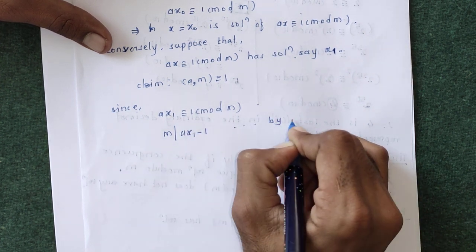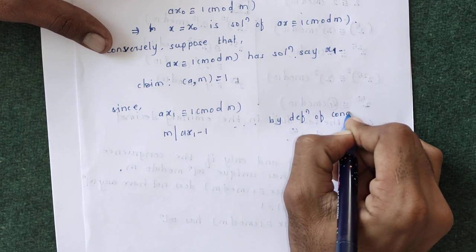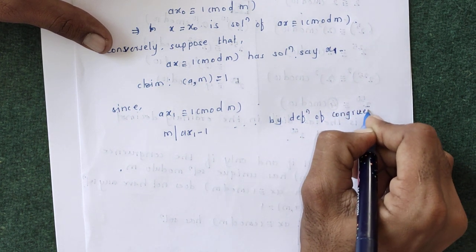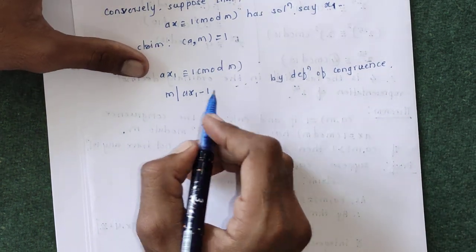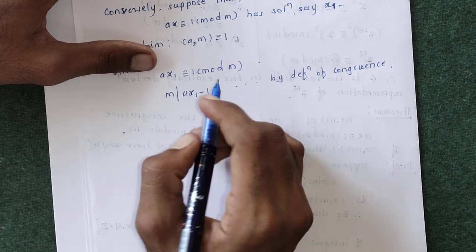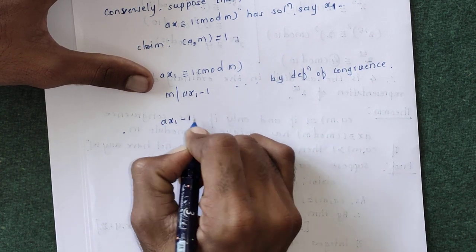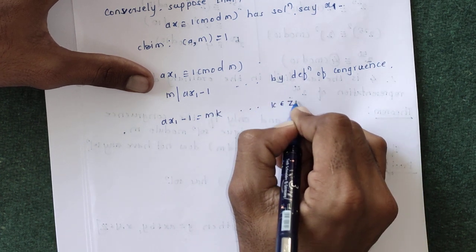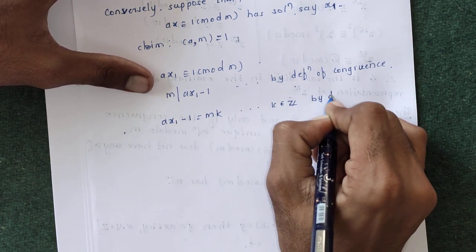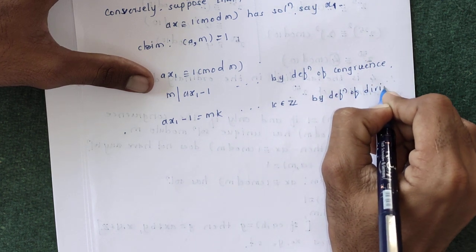Then we can use the definition of divisibility and write a x1 minus 1 equals m into some k, where k is an integer.